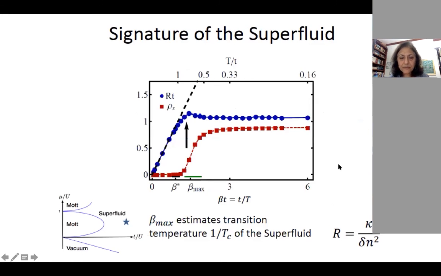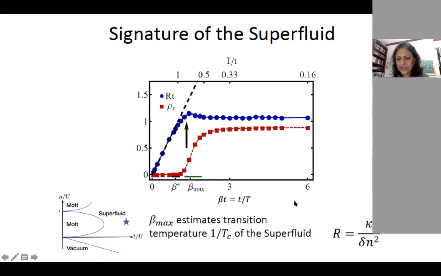Okay, now let me take that same quantity and plot it as a function of beta. I'm just trying to read off certain temperature scales now. So as a function of beta, at large beta, it goes to a constant. And you can read off that peak, and that gives you some estimates of temperatures, T star, TC.